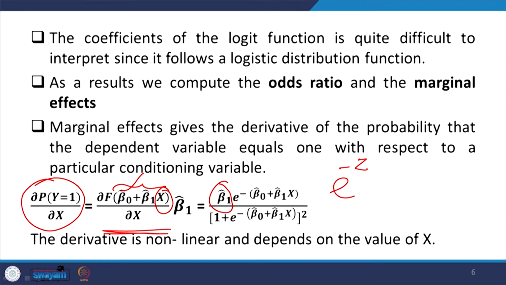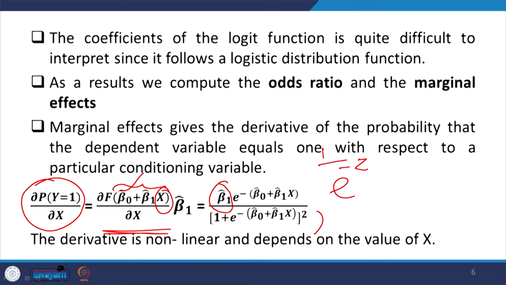If you take the derivative, it is in terms of a ratio, so the denominator will simply be the square of it in the first order derivative.